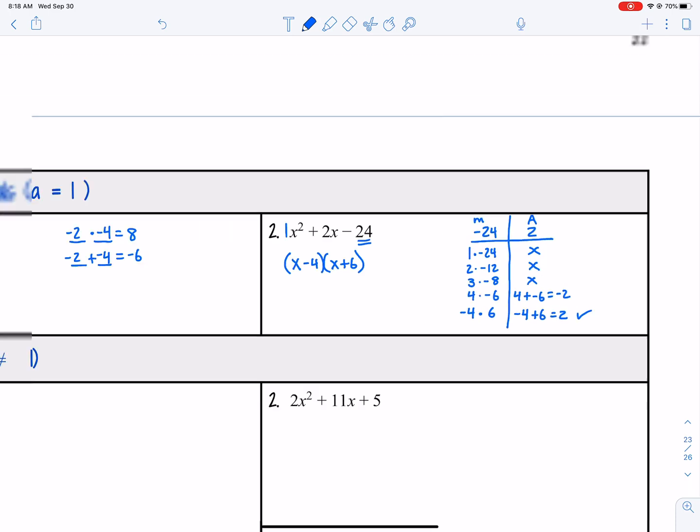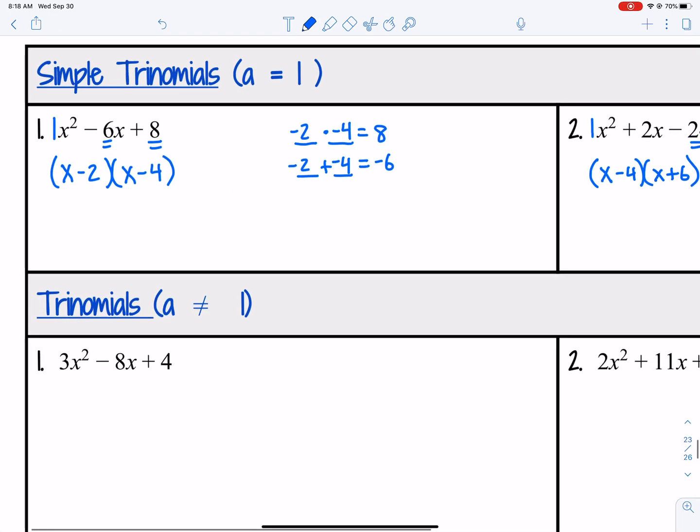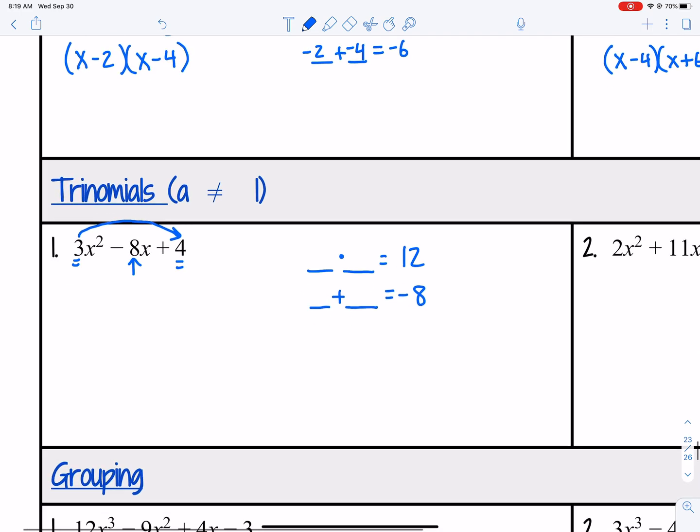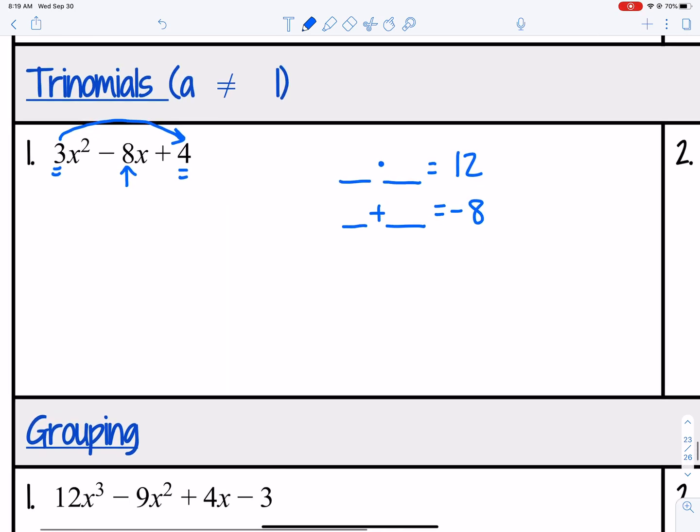All right, let's take a look at when a is not equal to 1. In this case, a is equal to 3. We need to take the a and multiply it by the c, and we get 3 times 4, which is 12. So we have to multiply to equal 12, and we still need to add to get the b value in the middle, which was -8.